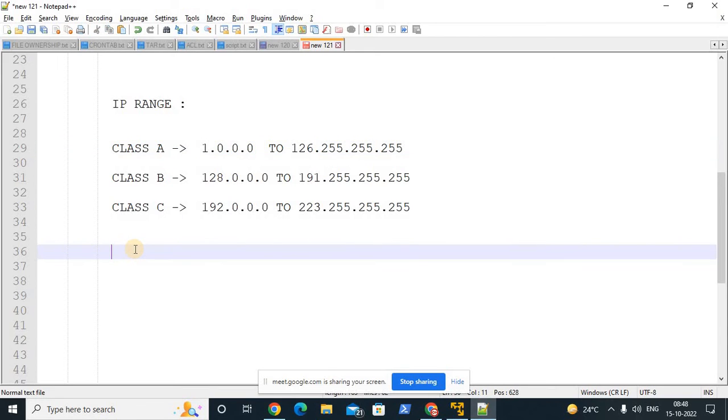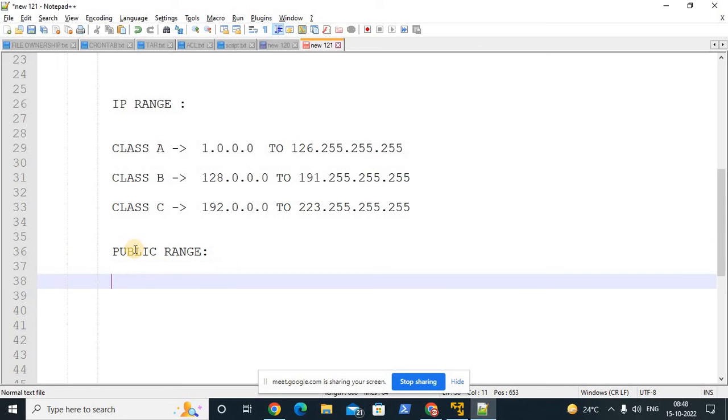Okay, let's create a public range. Make a note of that. A public IP is only used to access the system, or if you want to connect to the system, that is its purpose. For internal communication and internal operations, we require a private IP. For example, I connect my system to an AWS account.